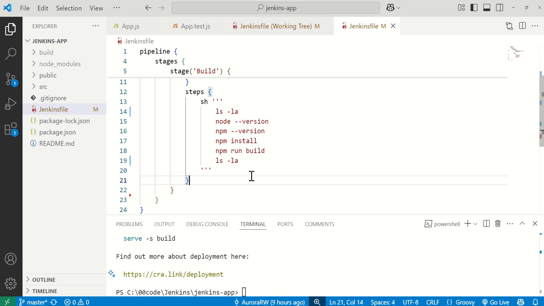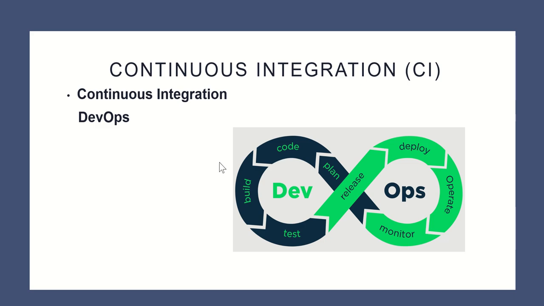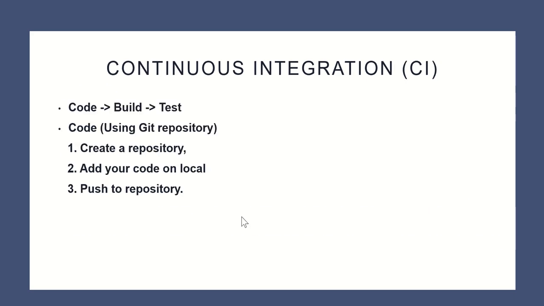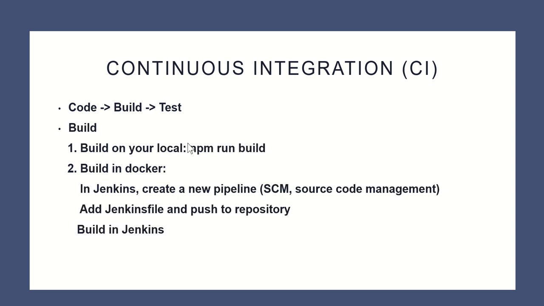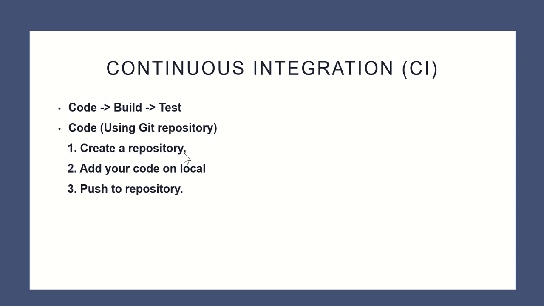Because in CI/CD, for the CI, there are three steps. You build your application, actually coding, and then you set up the build in the Jenkinsfile, and then you set up the test in the Jenkinsfile, right? And you run the Jenkins and set up the CI automatically.